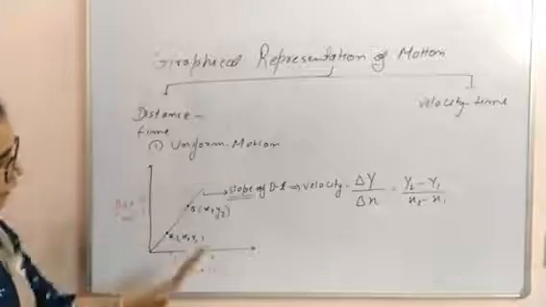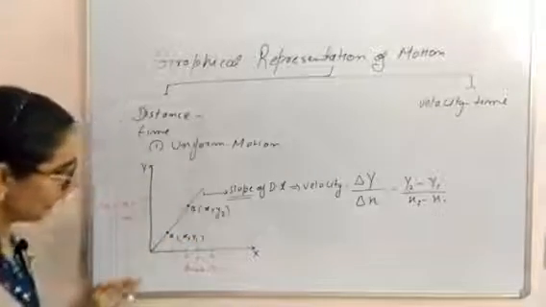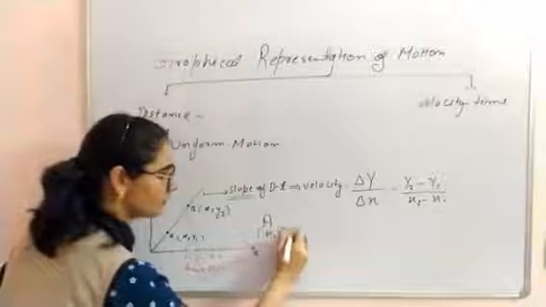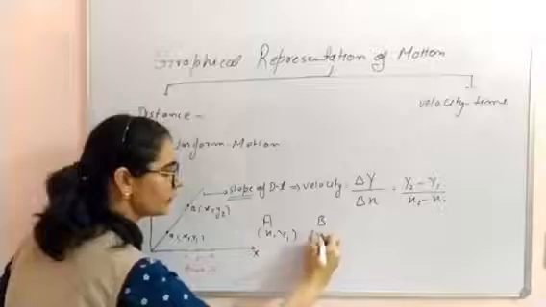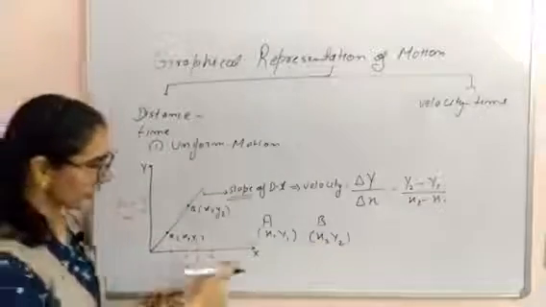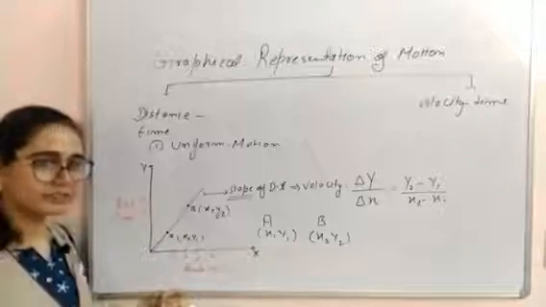What we know about this slope, like this is the y-axis and this is the x-axis, is that A is giving us x1, y1 and B is giving us x2, y2. But we know the x-axis is represented by time and the y-axis is represented by distance.